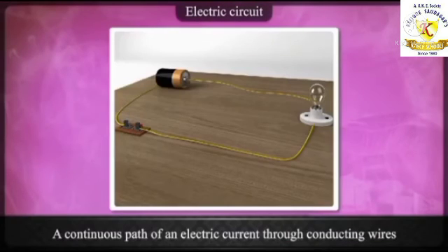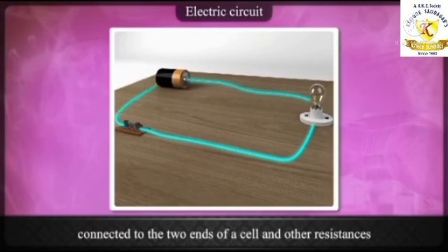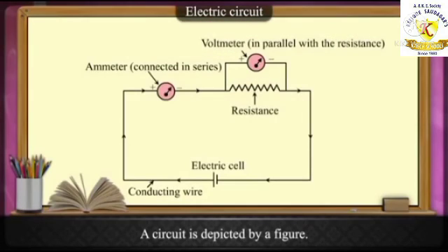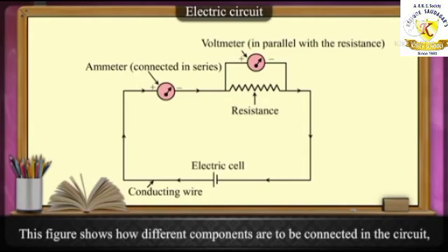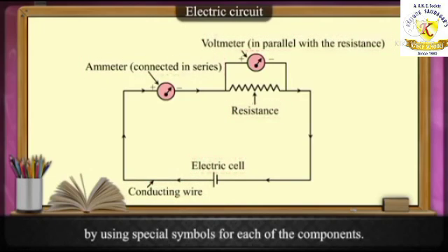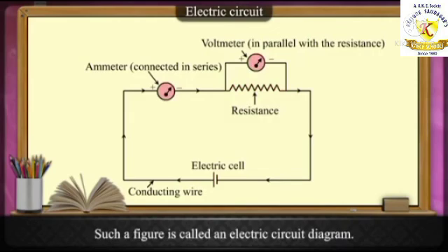Next concept, electric circuit. A continuous path of an electric current through conducting wires connected to the two ends of a cell and other resistances is called an electric circuit. A circuit is depicted by a figure. This figure shows how different components are to be connected in the circuit by using special symbols for each of the components.